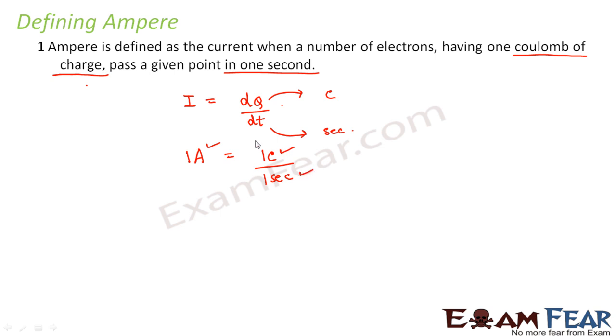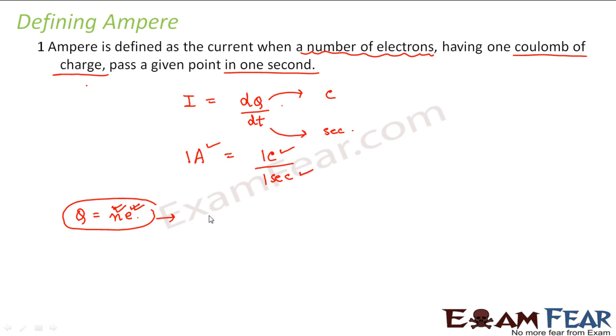Now what is 1 coulomb of charge? I am just trying to explain why I wrote here 'a number of electrons'. So what is this number of electrons? Remember the definition of charge. According to quantization, charge was nothing but N into e, that is the number of electrons into the charge on each electron. So how did we define 1 coulomb?